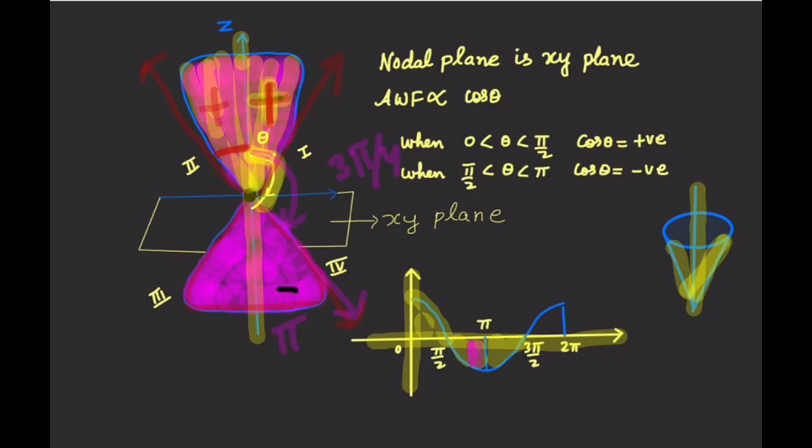So cos theta is negative, and because of that, this whole lower lobe is negative. So the negative sign of the lower lobe is again decided by cos theta, which is the angular part of the wave function. I have tried my best to tell you why we are taking positive and negative signs, and these signs are important in constructive and destructive overlapping of atomic orbitals.